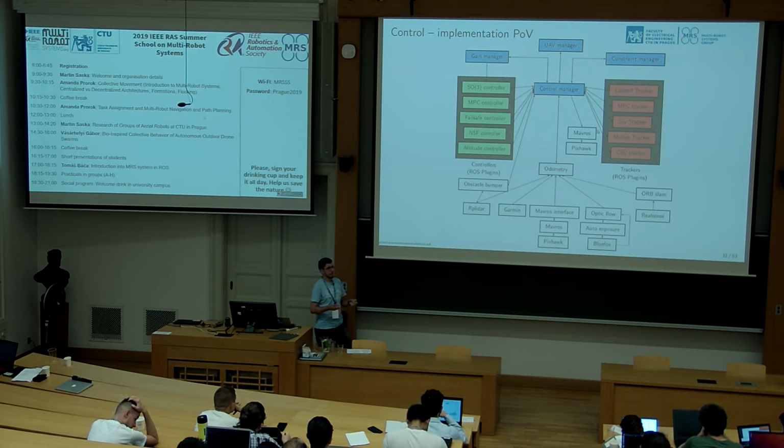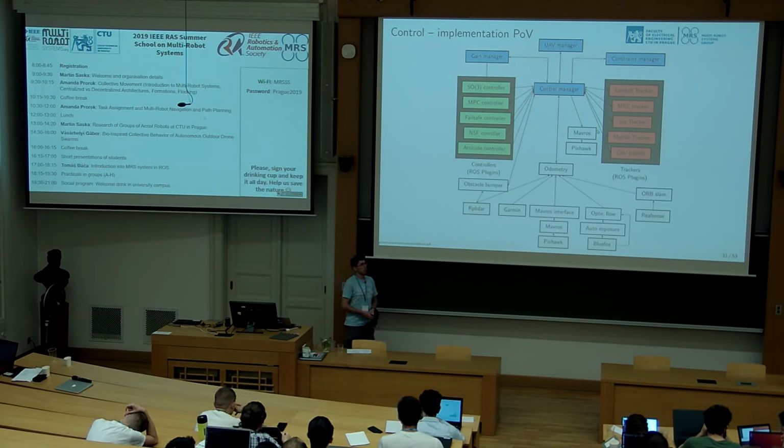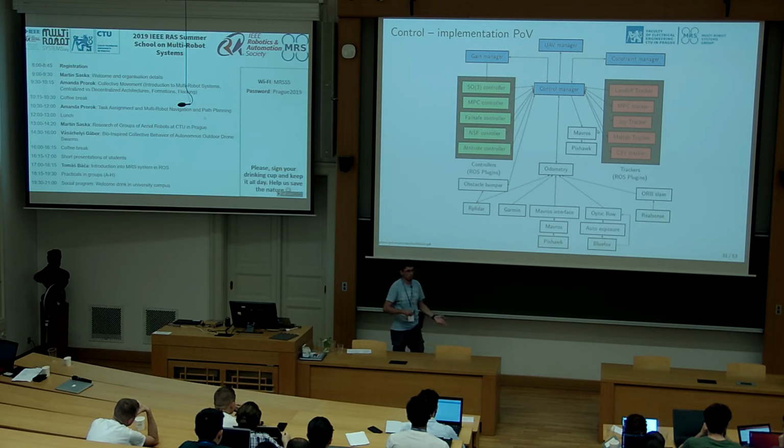So you as a user can just call a command in a terminal or just run a service in your node, and you don't have to take care of which tracker is currently active. You can just say, okay, my maximum velocity is 2 meters per second because we just switched to, let's say, optic flow fusion. And we have something which we call a UAV manager. This is just a high-level node which takes care of automatic takeoff, landing, and some safety routines as well.